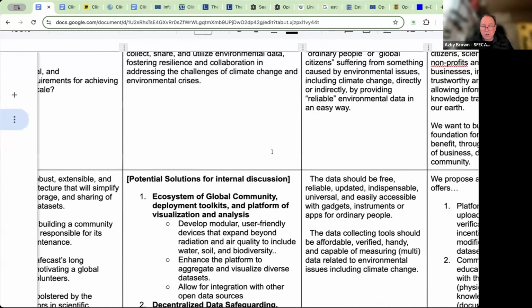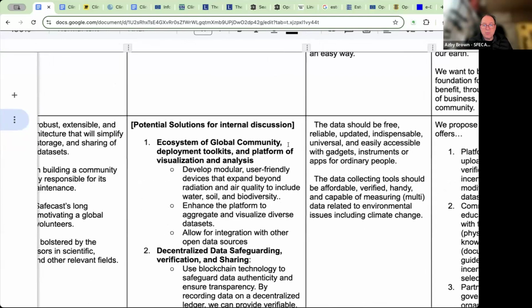Potential solutions for internal discussion: ecosystem of global community deployment, toolkits, and platform of visualization and analysis. And he lists: develop modular user-friendly devices that expand beyond radiation and air quality to include water, soil, and biodiversity. Enhance the platform to aggregate and visualize diverse data sets, allow for integration with other open data sources.